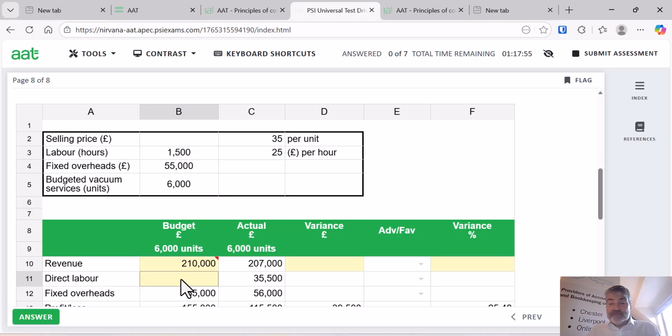So again, I'm going to keep it simple. I'm going to put in an equals, and the contents of cell B3, and again the multiplication symbol, multiply that by the contents of cell C3, and that gives me 37,500.